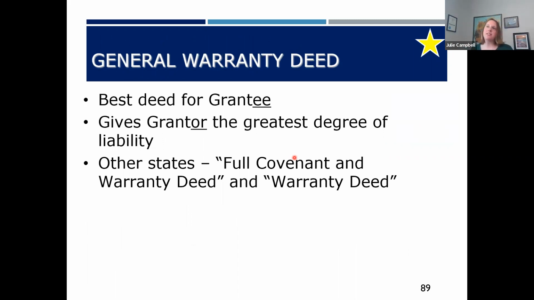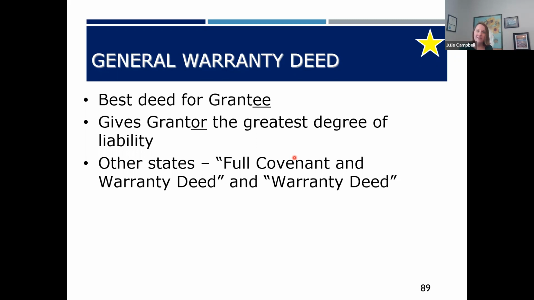The general warranty deed is the best deed for the grantee. Who's the grantee? The receivee, which is the buyer. The general warranty deed is the best deed for the grantee. Why? Because it puts the greatest degree of liability on the grantor.